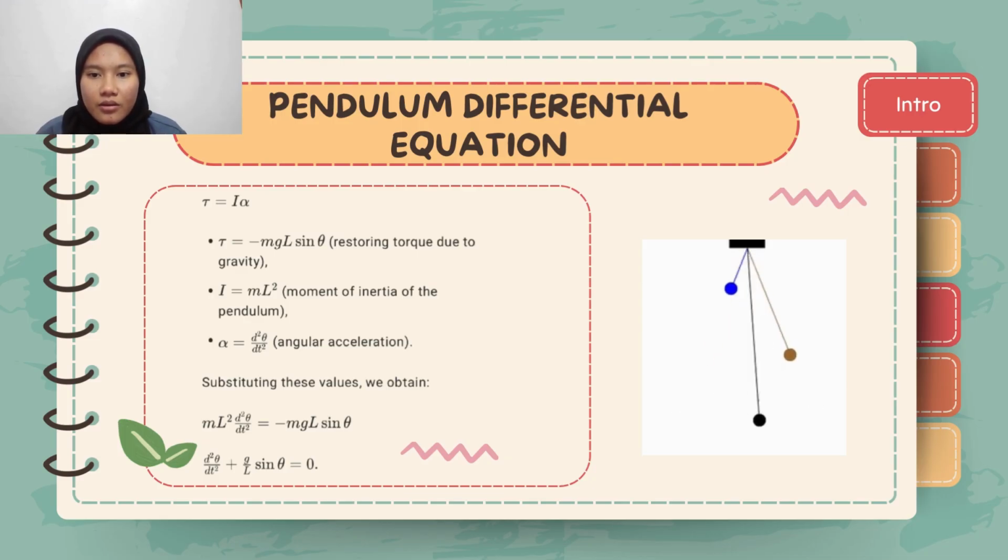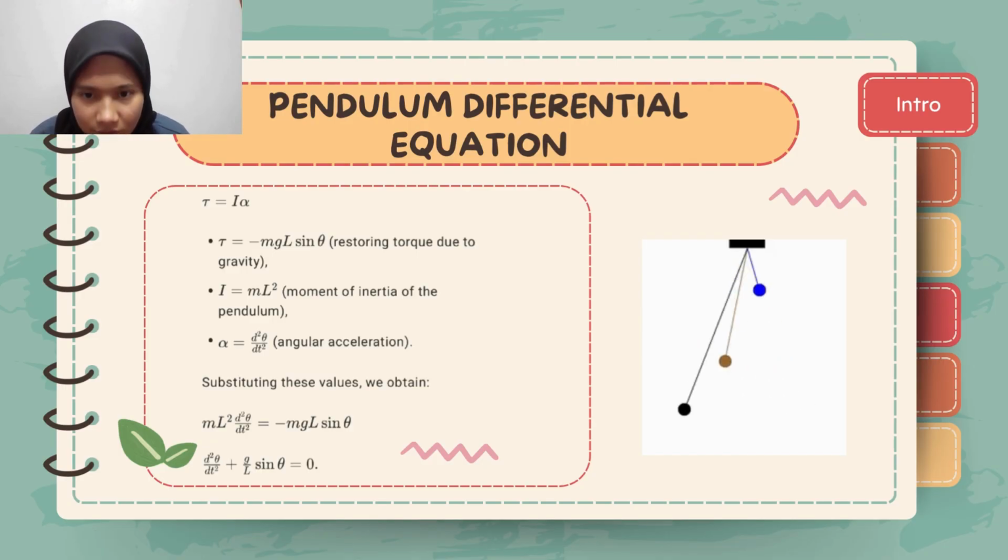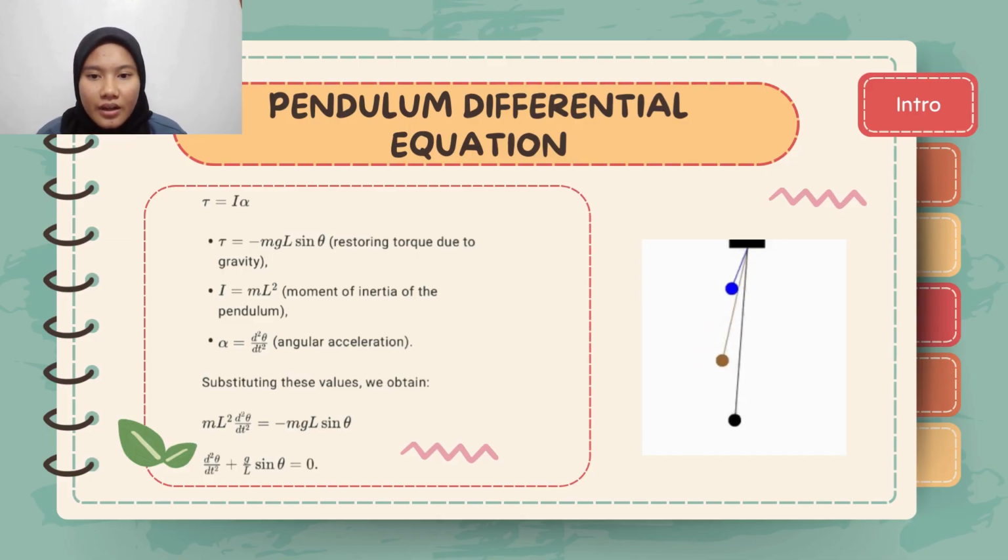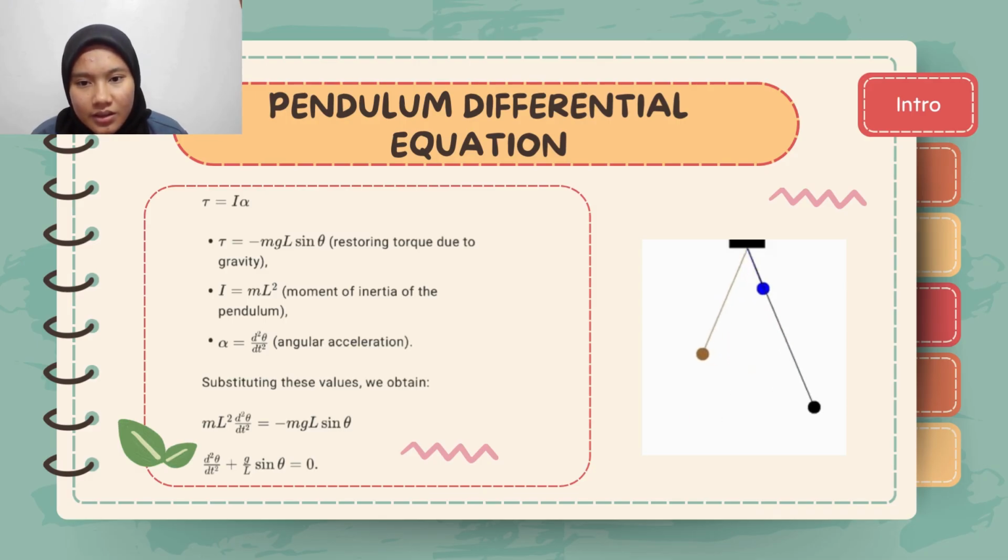When we do this, m cancels on both sides, and L on the left side is cancelled. So the left side we just have d squared theta over dt squared, and the right hand side we have g over L sine theta.